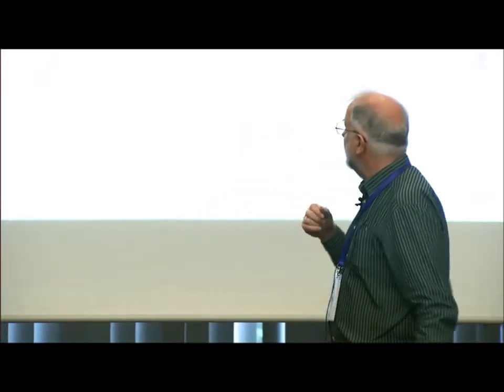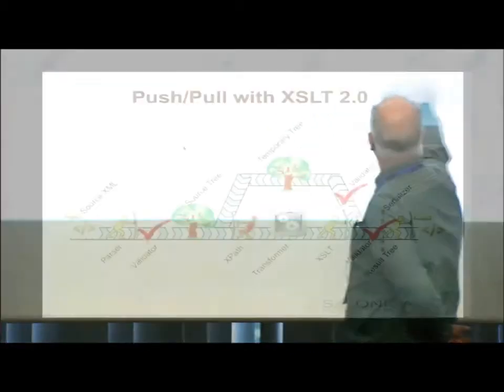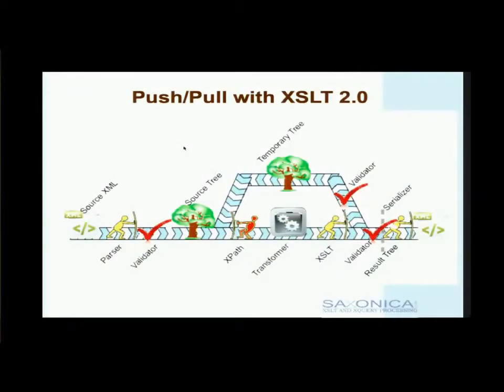It gets a bit more complicated in 2.0. Firstly, you can add validation at several points in the chain. You can validate the input, you can validate the result. Validators are often streamable push processors.